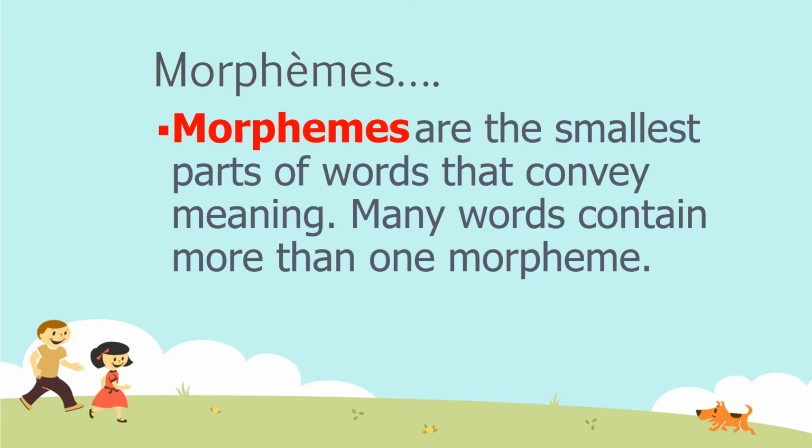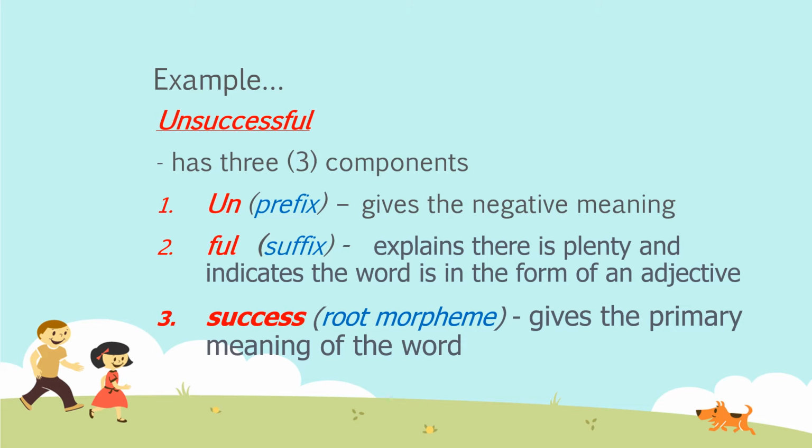Let us use an example word, unsuccessful, to analyze the meaning of the term morpheme. Unsuccessful has three component morphemes. The first one is un, which gives the negative meaning.